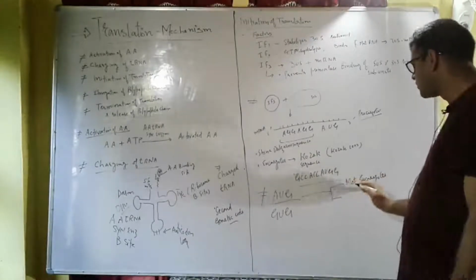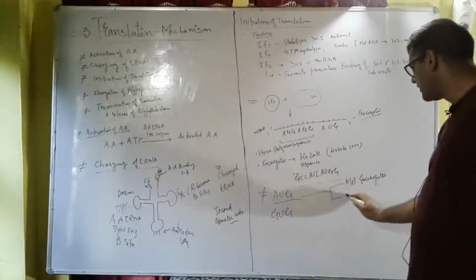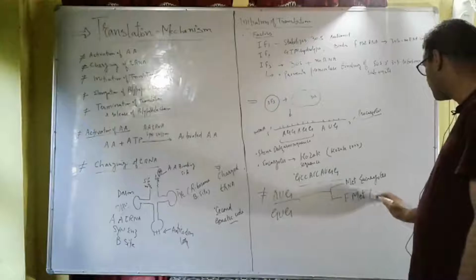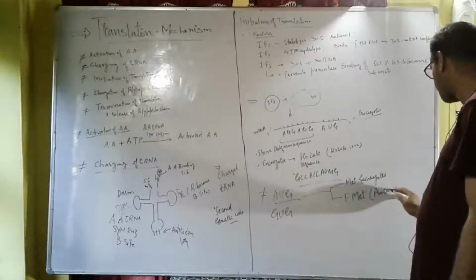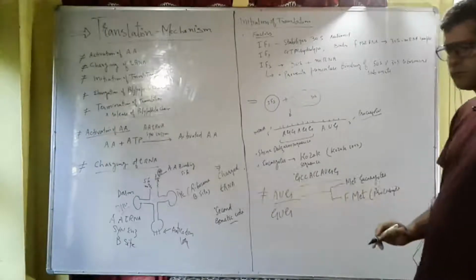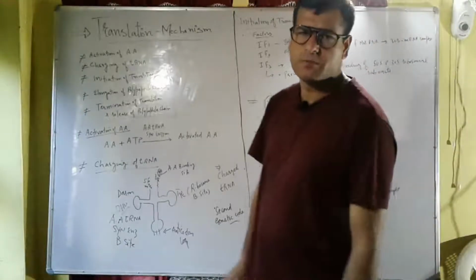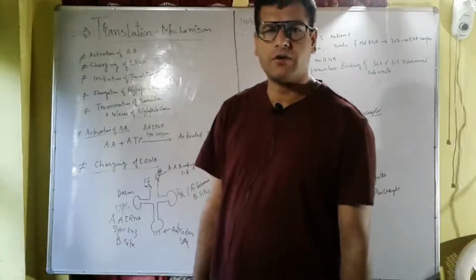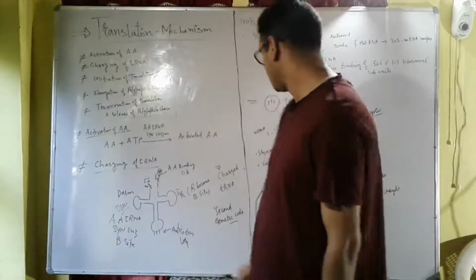This AUG codes for methionine in case of eukaryotes, and it codes for formyl methionine in prokaryotes.